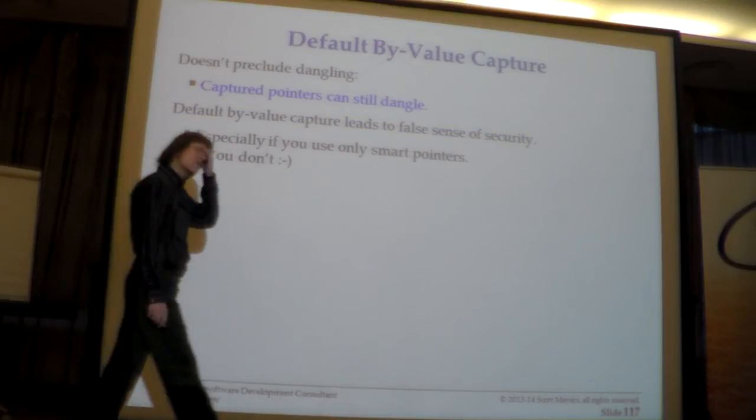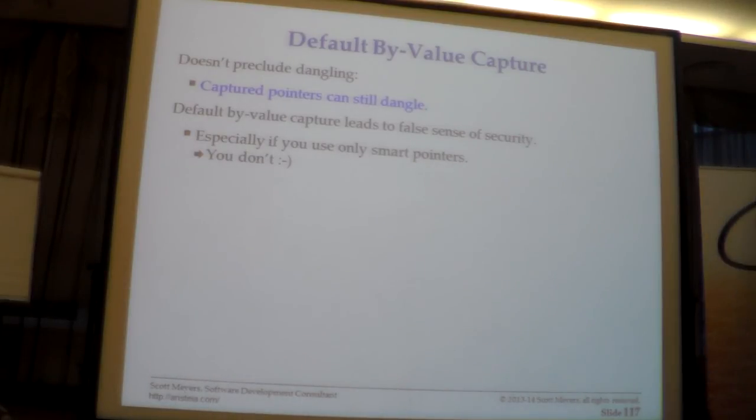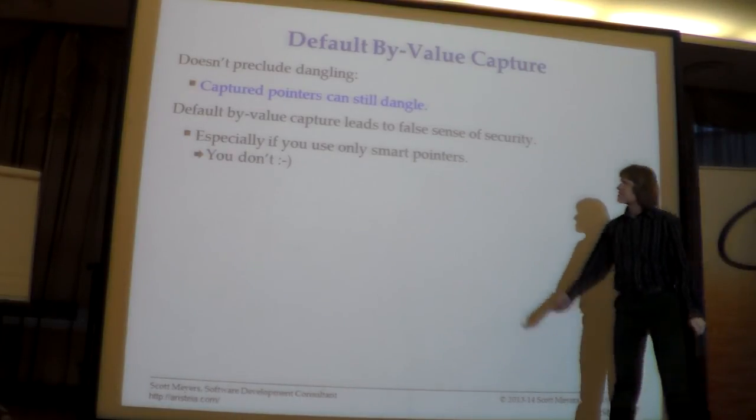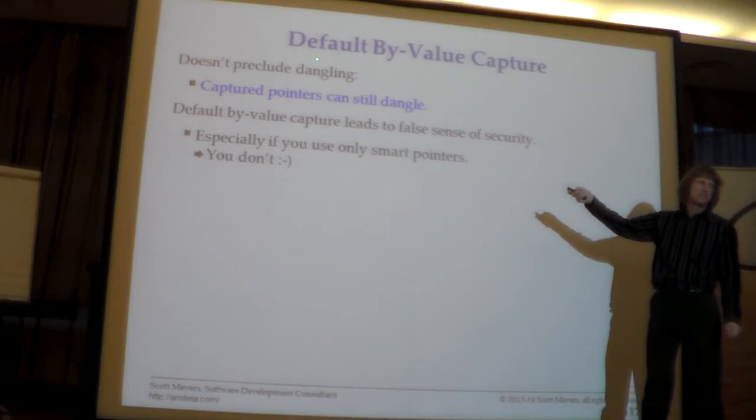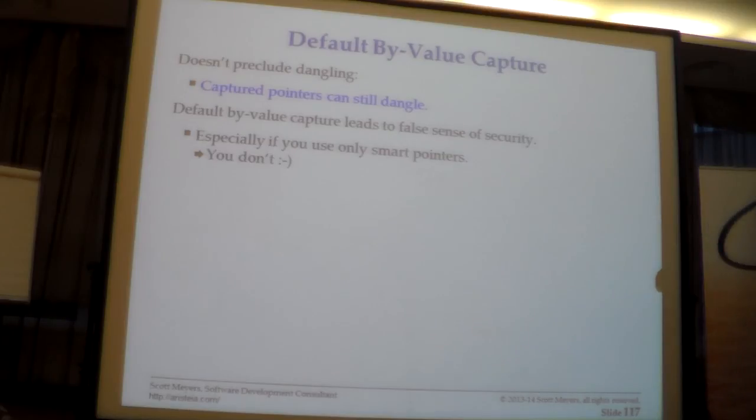Well, in that case, you might think, okay, by reference is bad, but I can use by value instead. Well, the thing is, it doesn't preclude dangling, because captured pointers can still dangle. If you capture a pointer by value, you copy the bits of the pointer. But obviously, if the pointer dangles, then the bits of the pointer are going to dangle as well.